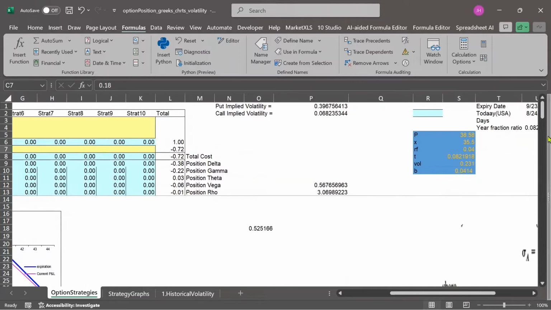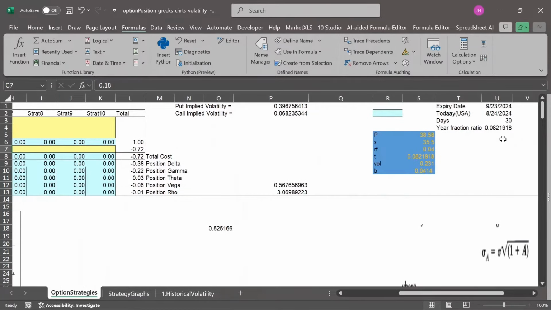I left it at 30 days, the fraction. To calculate in the Black-Scholes formula, you take the difference between two dates, 30 over the number of years, 365. You can also use 250, which is the number of trading days, which will increase that slightly. It doesn't make that much difference.